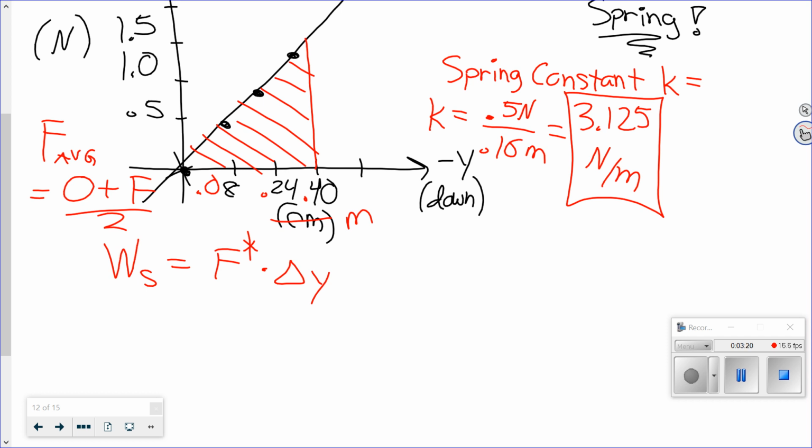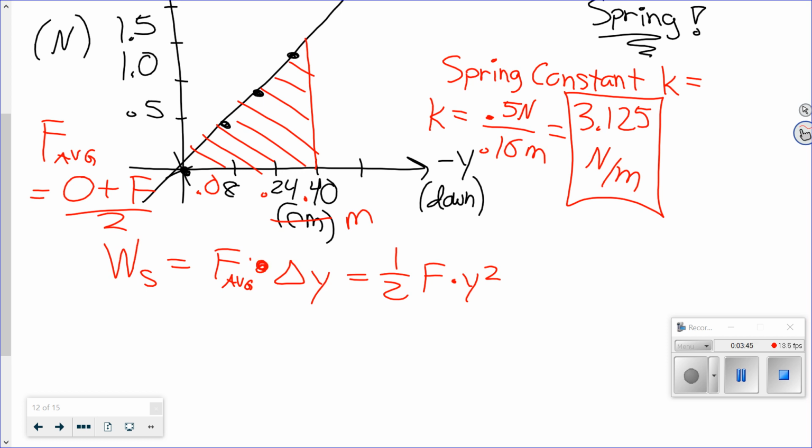So if we multiply your average force by displacement, you get 1/2 of the final force at that displacement times, we would say, y squared. Or it can be x squared if you're on the x-axis. And 1/2 kx squared for the work done by the spring. Oh, wait. I have to remember that I really have a dot product.